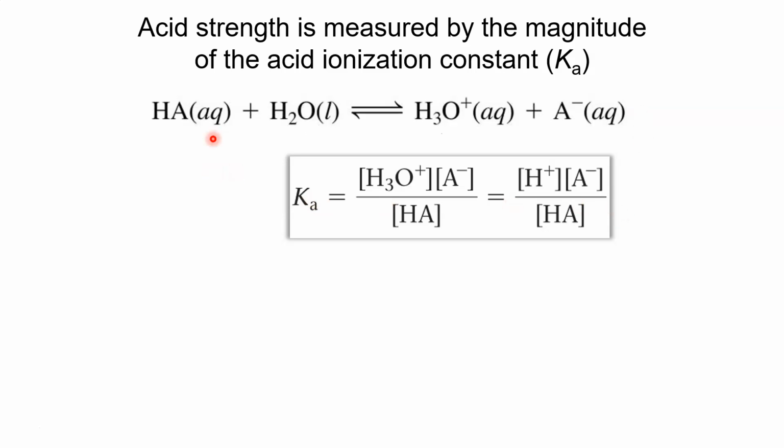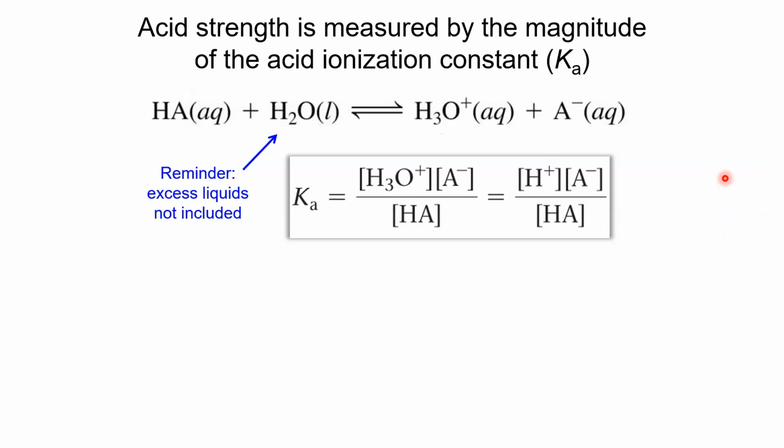Remember, we do not use pure liquids or solids that are in excess in those equilibrium expressions because the concentration is so much greater. So with our Ka expression, we would have our H3O+, hydronium ion, or the H+, the proton, and the conjugate base, the A-, which we have here, and then in the denominator, we have our intact acid.